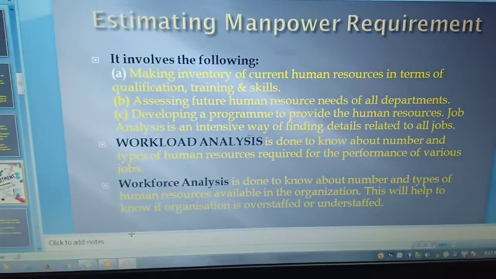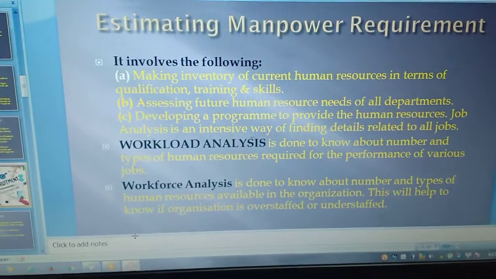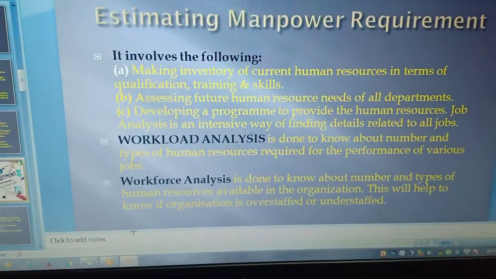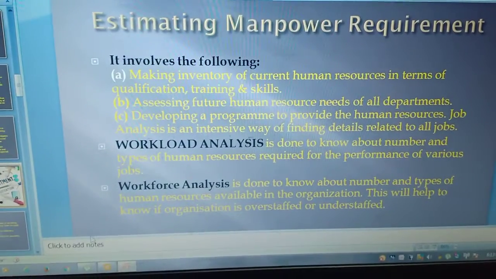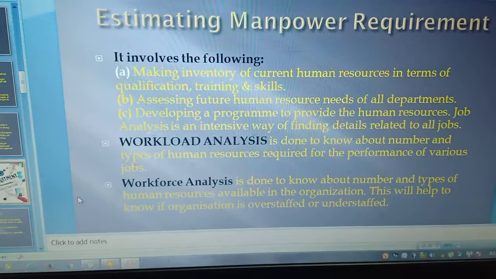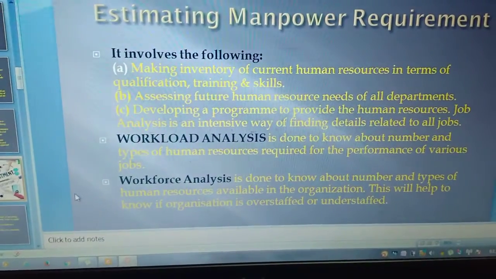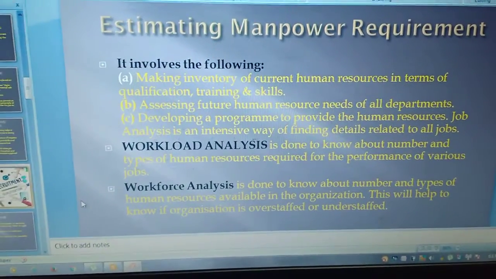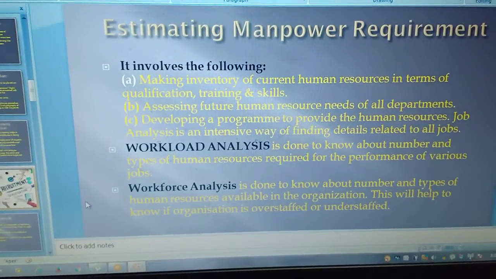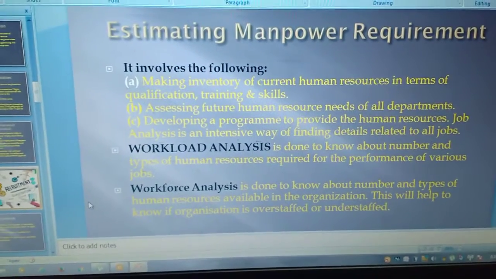Workload analysis is done to know the number and types of human resources required for the performance of various jobs, and workforce analysis is done to know the numbers and types of human resources available in the organization. This will help to know if the organization is overstaffed or understaffed.